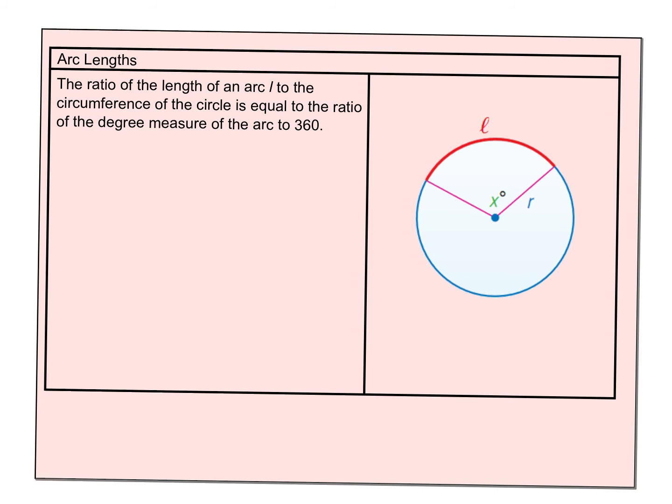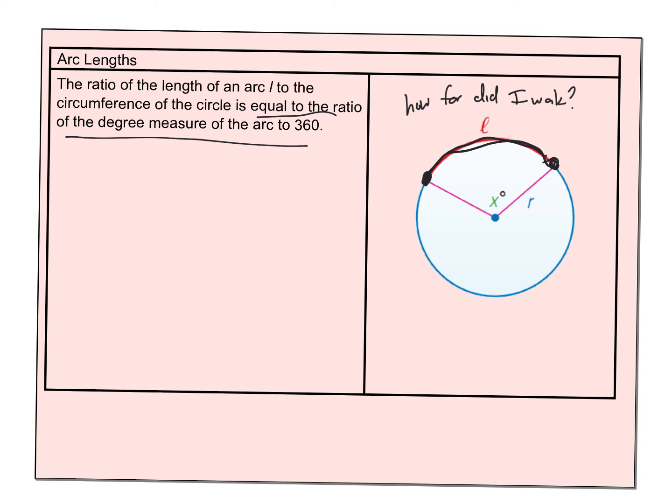Now we're talking about arc lengths. With arc lengths, you're actually talking about a length. You're trying to figure out a distance. If I go from here to here, how far did I walk? Here's all you're doing: it's equal to the ratio of the degree measure of the arc to 360.